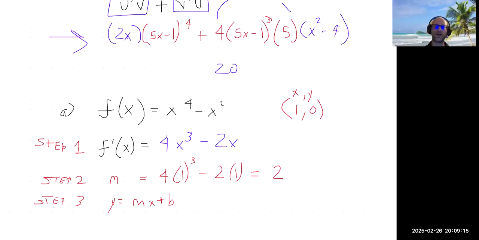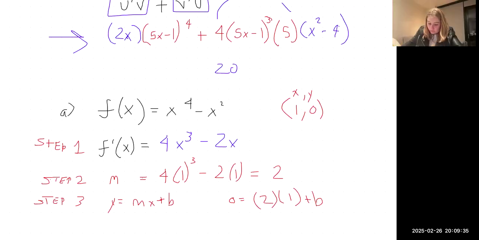But we can replace y with 0, and we can replace m with 2, and we can replace x with 1, and that's going to allow us to solve for b. I'm sorry, I'm very slow.